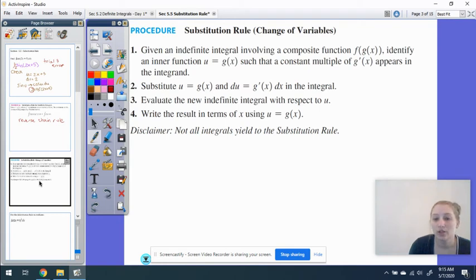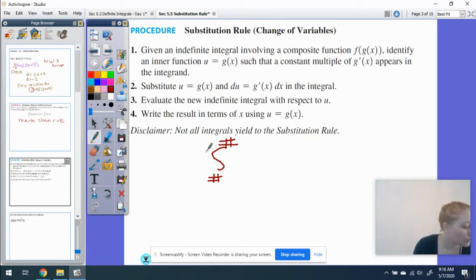What you're going to do is figure out what function is going to be your u, okay? And then you're going to integrate, so take the reverse of a derivative. Now, one of the things that you do need to take into account is when we have our definite integrals, that's our integrals with numbers here, you are going to need to change those numbers. So once you've set up a u, that is going to change these numbers. And I will show you that as well.